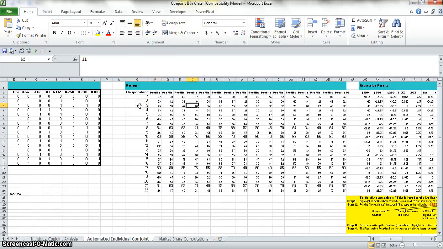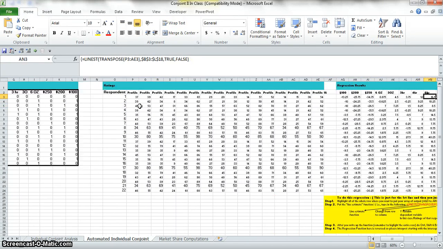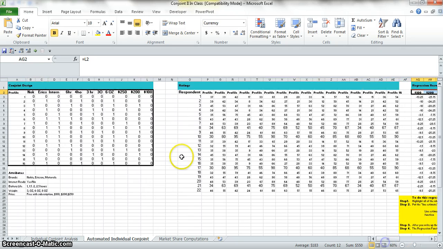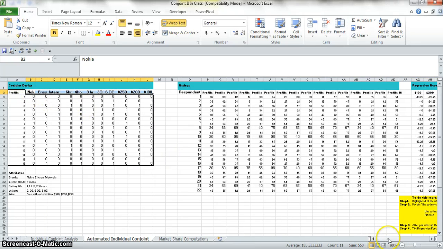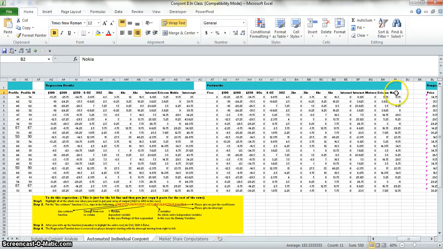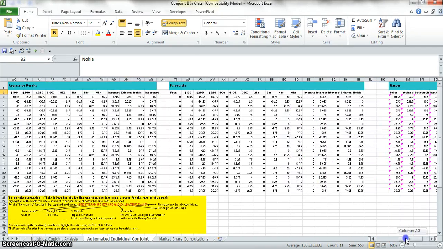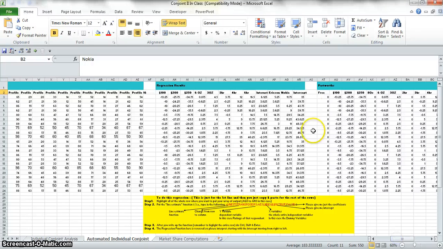So remember, when you do the LINEST function, you got to reverse these how they are over here, and just remember to include the intercept.